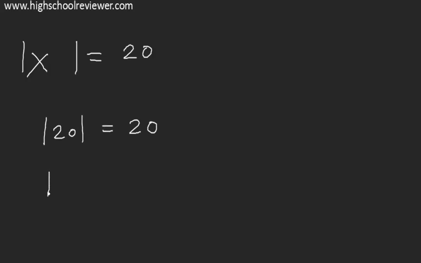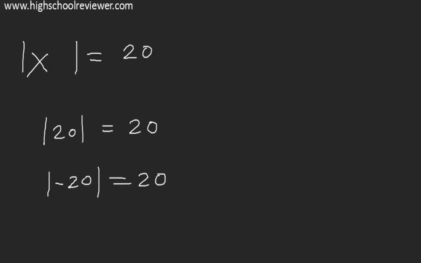Let's take for example the absolute value of x is equal to positive 20. Now the absolute value of 20 is equal to 20, and the absolute value of negative 20 is also equal to 20.